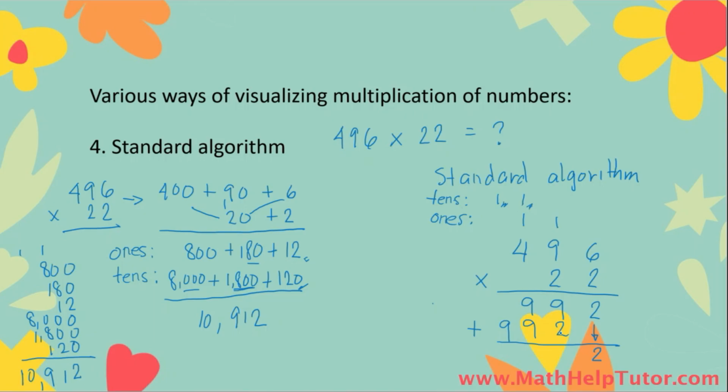Next is 9 plus 2, which is 11, and we carry over the 1. Next is 9 plus 9, which is 18, plus the carryover 1, which gives us 19. And then finally, we have 9 plus the carryover 1, which gives us 10. And there we have it. Using the standard algorithm, we have the answer 10,912 for the question 492 times 22.